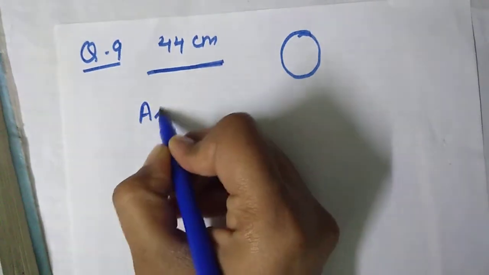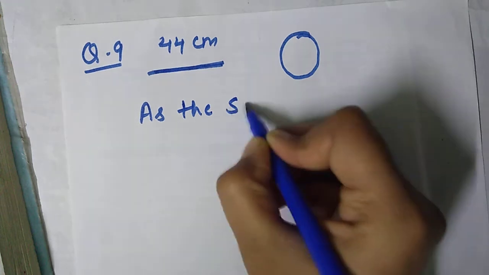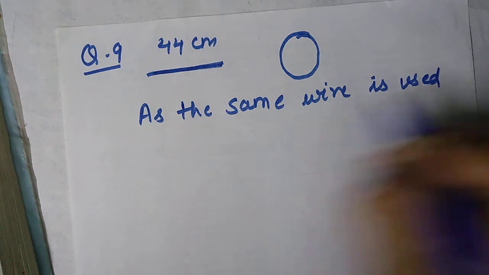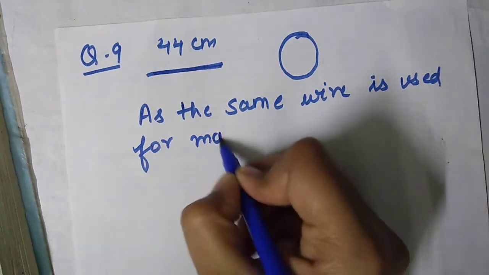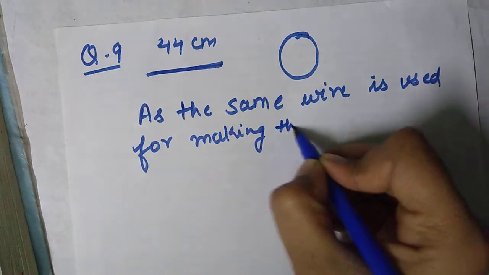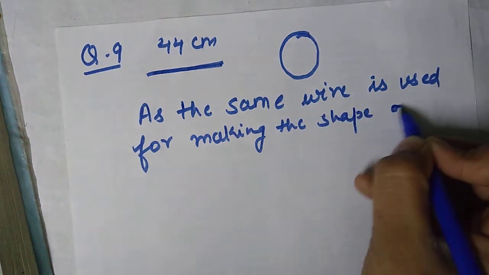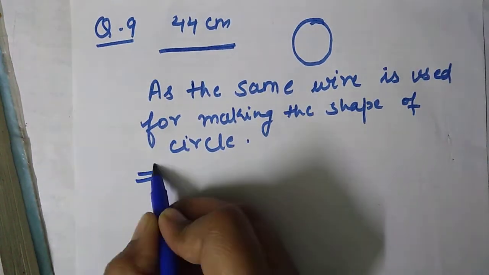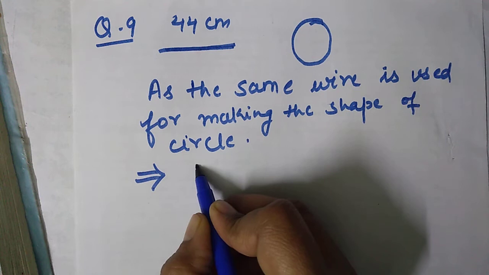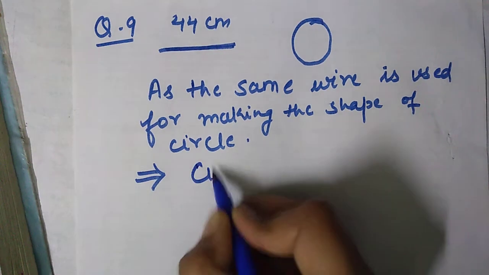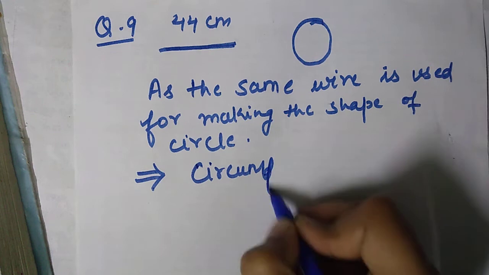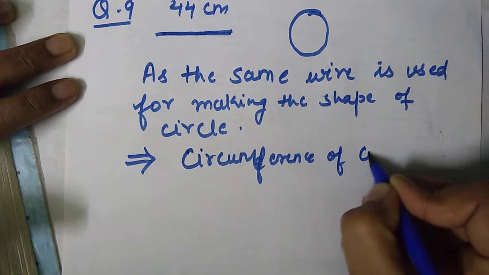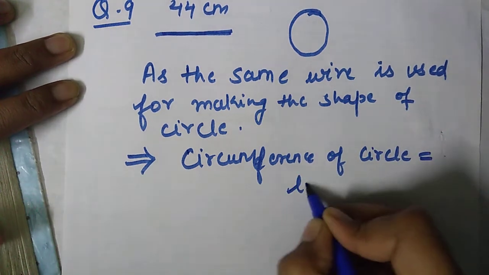So as the same wire is used for making the shape of a circle, that implies that this 44 centimeter means the circumference of the circle, which is equal to the length of the wire.